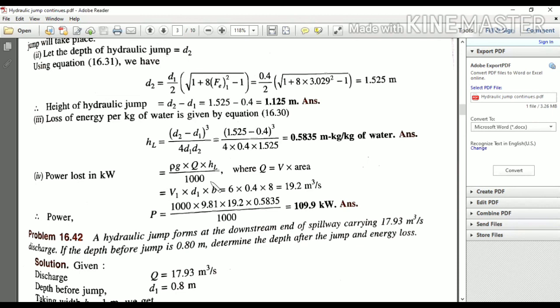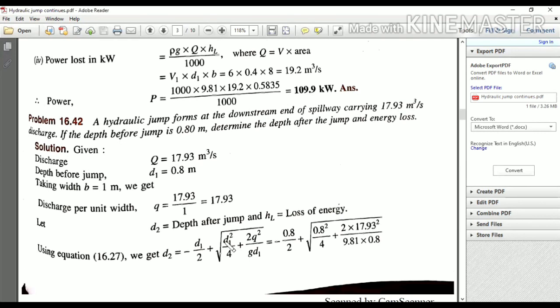Substituting this formula, Q can be written as V into area, because V is given in our question, and the area is D1 into B. Substituting those values, power can be calculated as 109 kilowatts. So this is how we need to calculate.